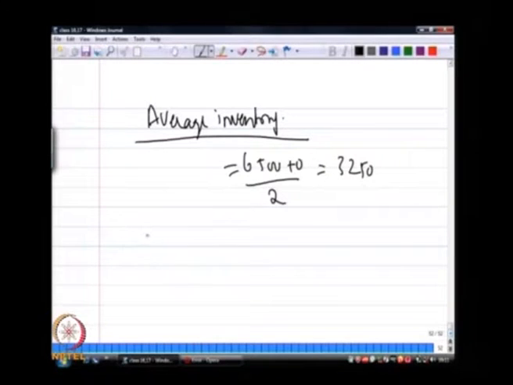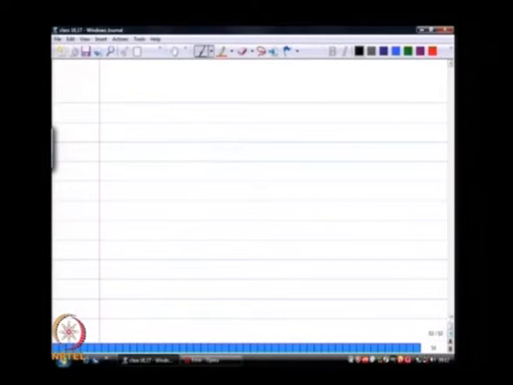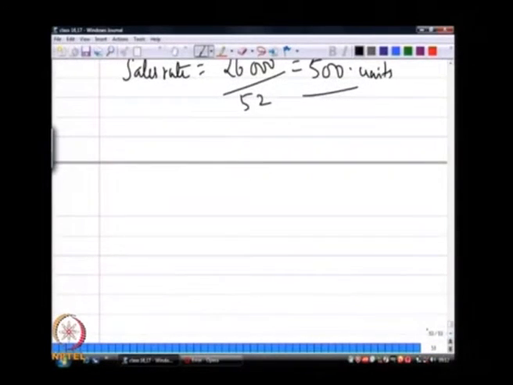Now, let us say the sales is also uniform, which means the sales rate, if I need to calculate it, for a year which has 52 weeks, I would be selling around 500 units every week. This is another data point.